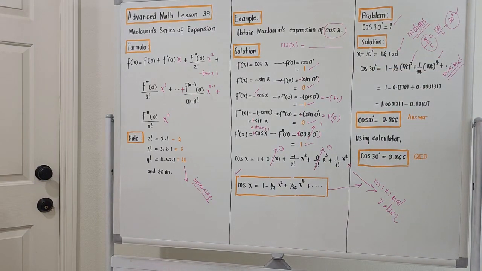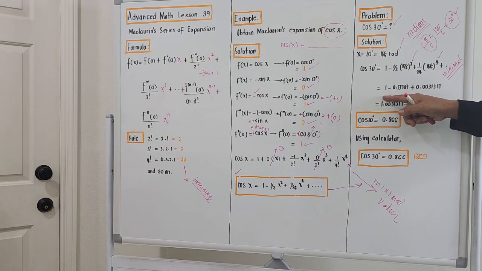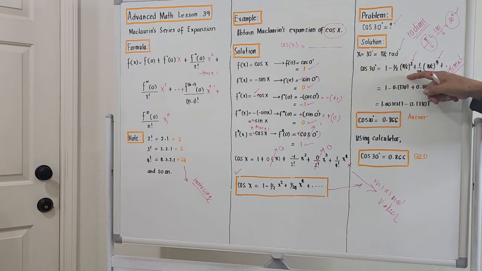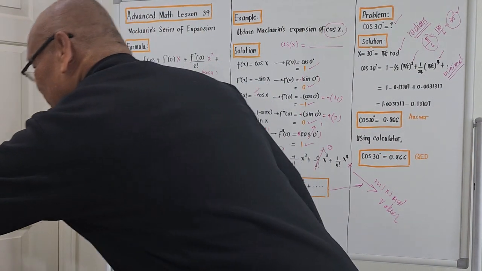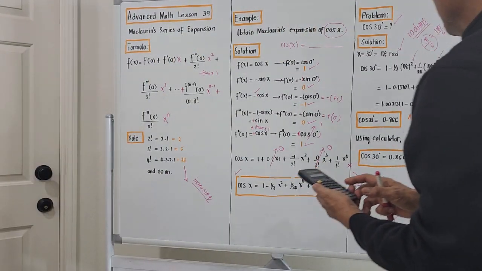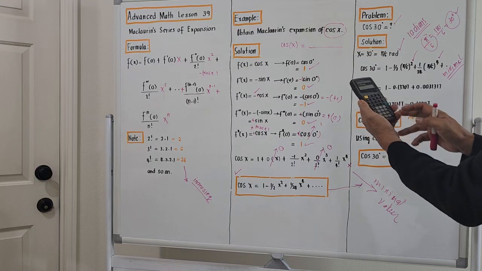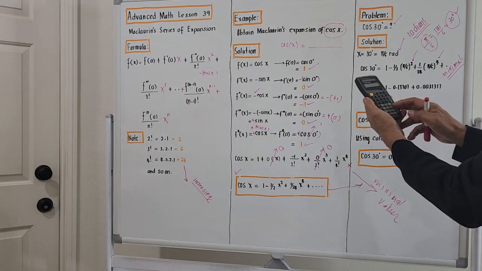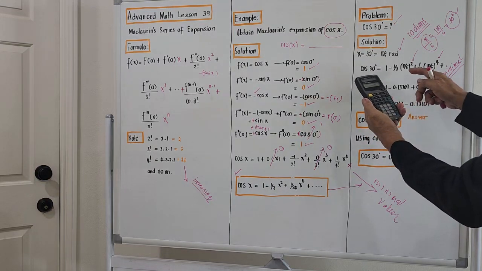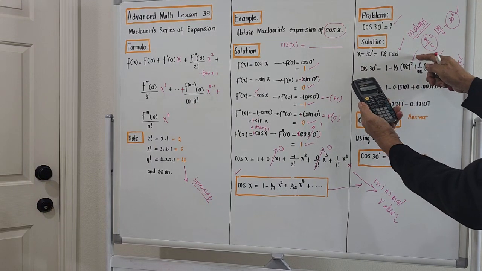Okay? So computing this now, this will be 1 half times pi over 6 quantity squared. If we try to use our calculator, it should be something like this. You display pi, you divide that by 6, you know the ratio, but this should be raised to the second power.